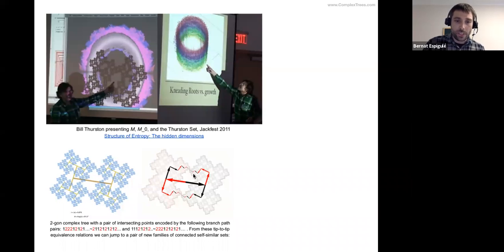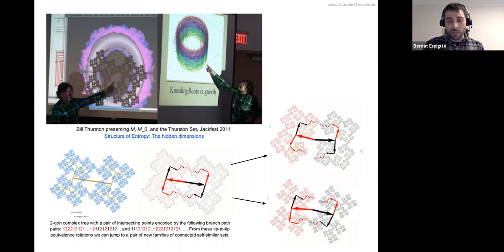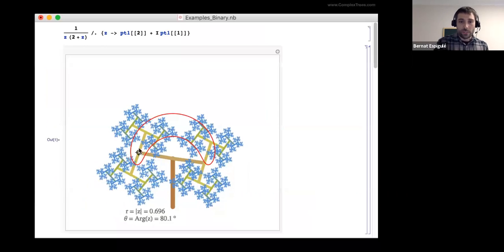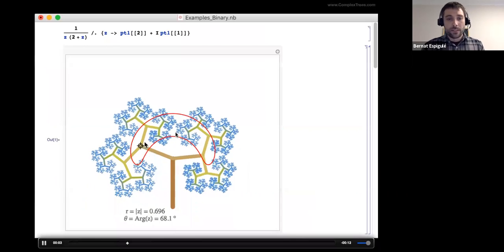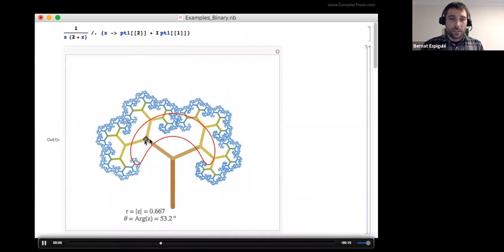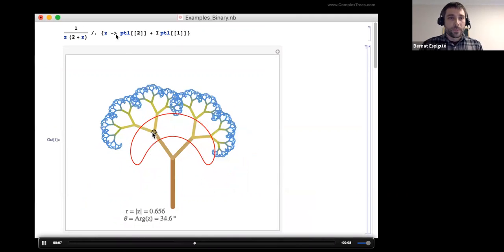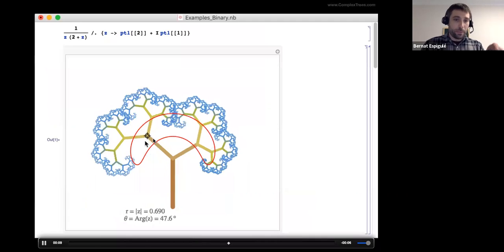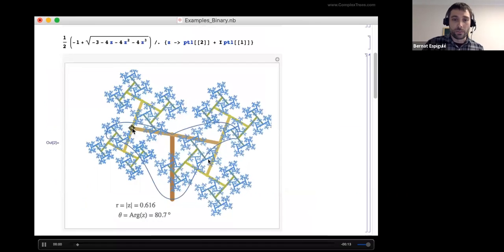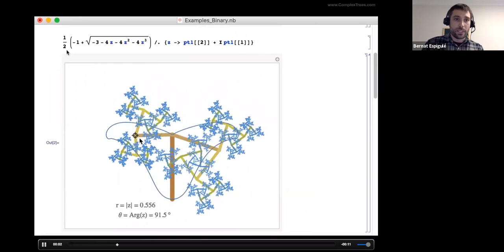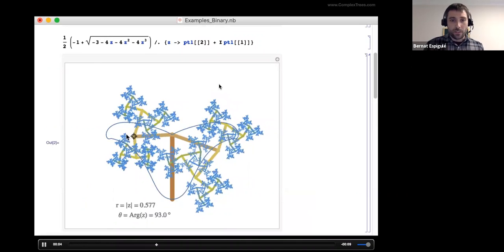I'm going to show you one family that you get for just the upper relation, and then another one for the lower relation. That's the family you get for the upper one. And this branch is the parameter Z, but then the other one has to move according to the expression there. That's the other family.